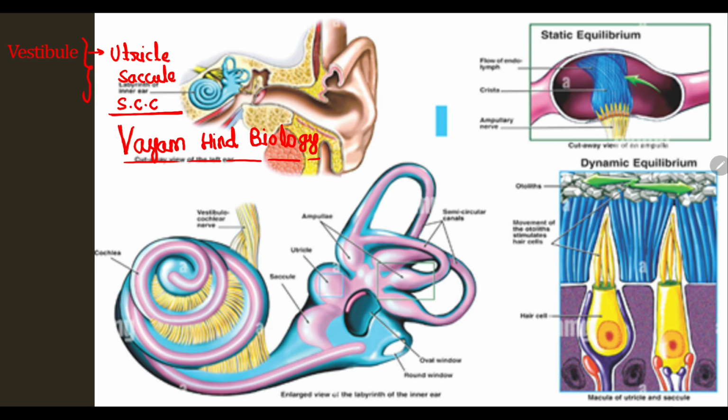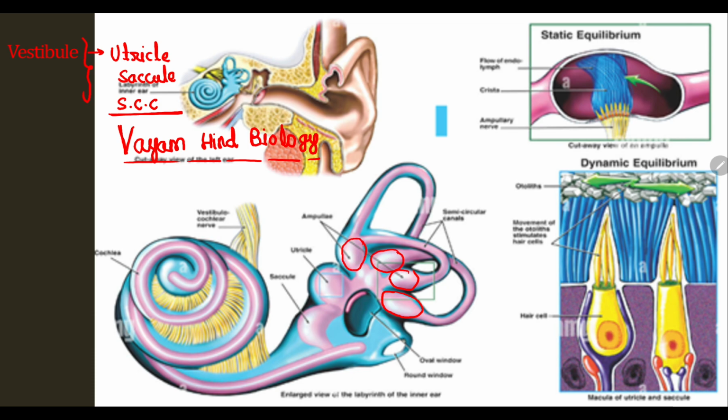We all know that there are three semicircular canals present in each ear, and all three are almost perpendicular to each other, at right angles. And we saw that the base of the semicircular canal is swollen, and this swollen structure is called the ampulla.